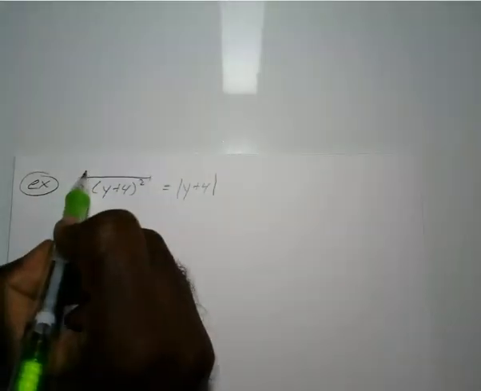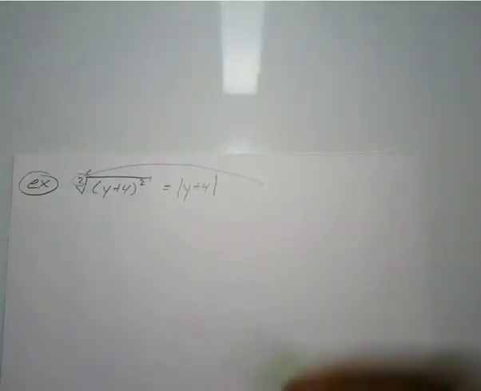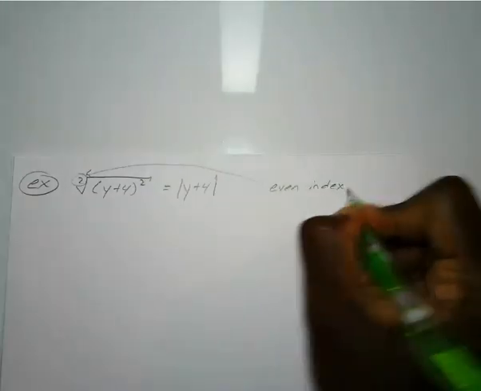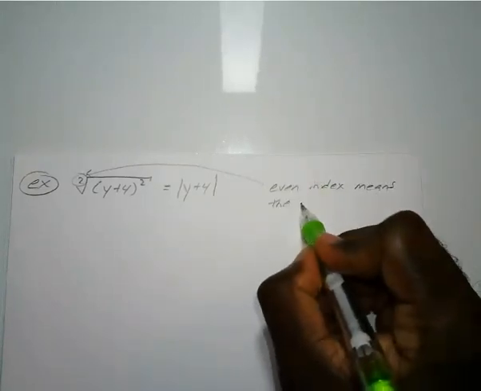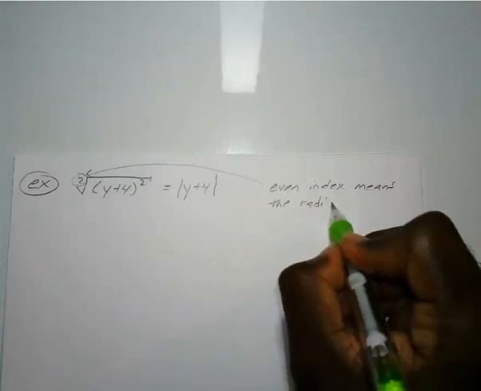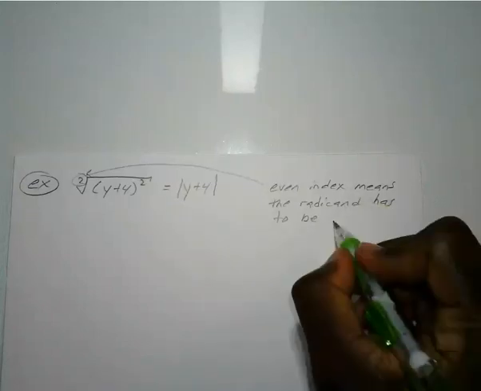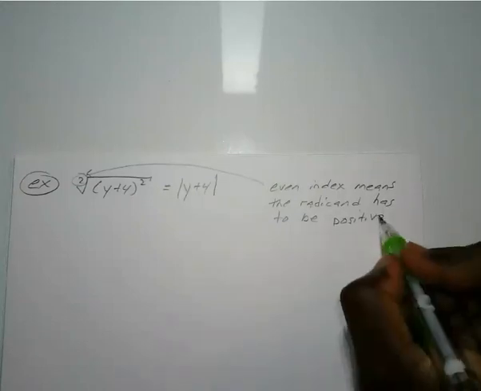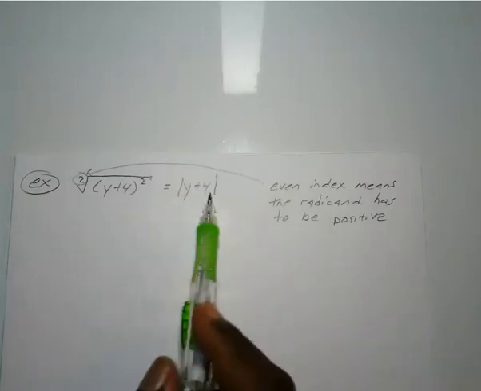So make a quick note here, going right to that index: even index means the radicand has to be positive. So every once in a while you'll run across a problem where you have to put that absolute value.